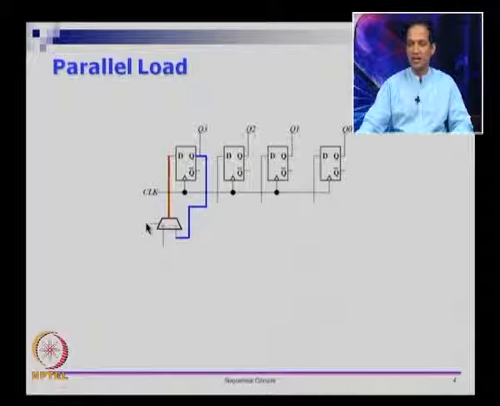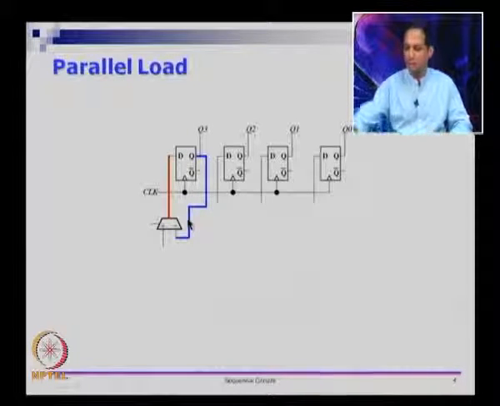If you put select as 1, you would get it from the previous value itself. Note that the D flip flop internally has some feedback path, and outside that we also have a feedback path going from the output of the flip flop to the input of the flip flop. So this is a combinational feedback loop which starts from Q, goes through a mux and goes back to D.